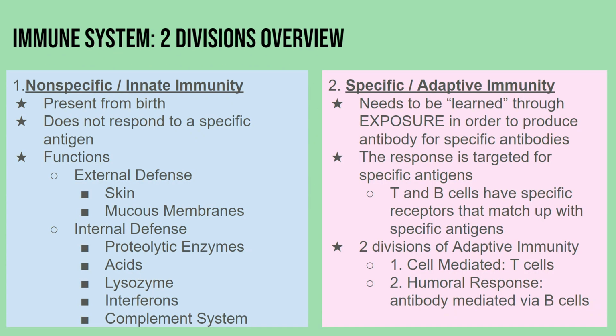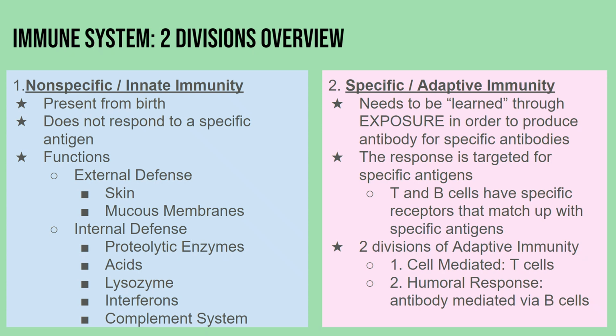There are two main divisions of the immune system. First, we have nonspecific or innate, which is present from birth, so you don't have to learn it. It does not respond to a specific antigen or pathogen, and it has functions in both external and internal defense. You can think of it as the first line of defense against any pathogen.